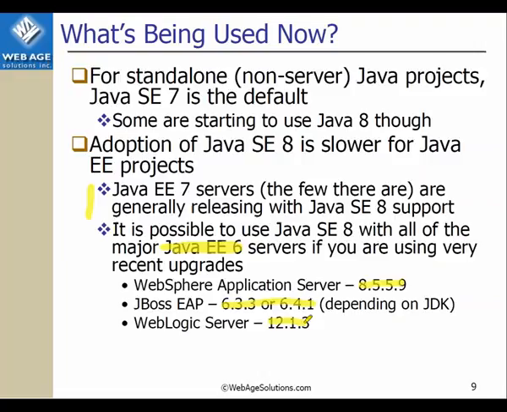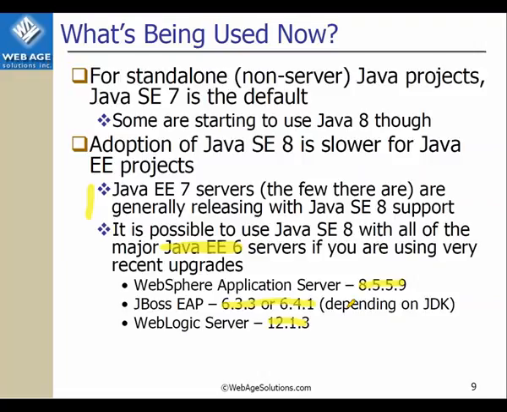So it is now possible to have a Java Enterprise 6 server running a Java SE 8 foundation, if you will. Certainly there's a little work you have to do to get to that point. You have to be on one of these major fix packs, some of which are pretty recent, so you have to make sure that you're running on one of those.